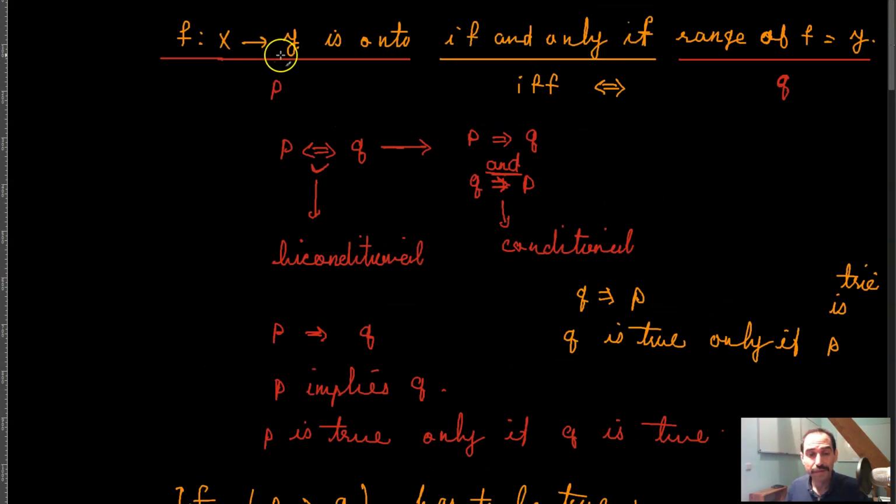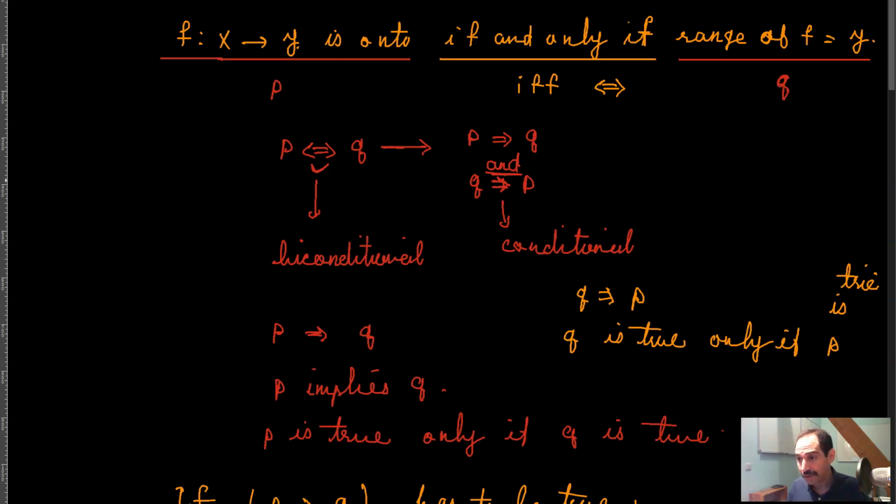Now over here what I'm saying is that this statement P, which is f, some function from x to y, is onto if and only if the range of f is equal to y, which means that statement P is true if and only if statement Q is true.